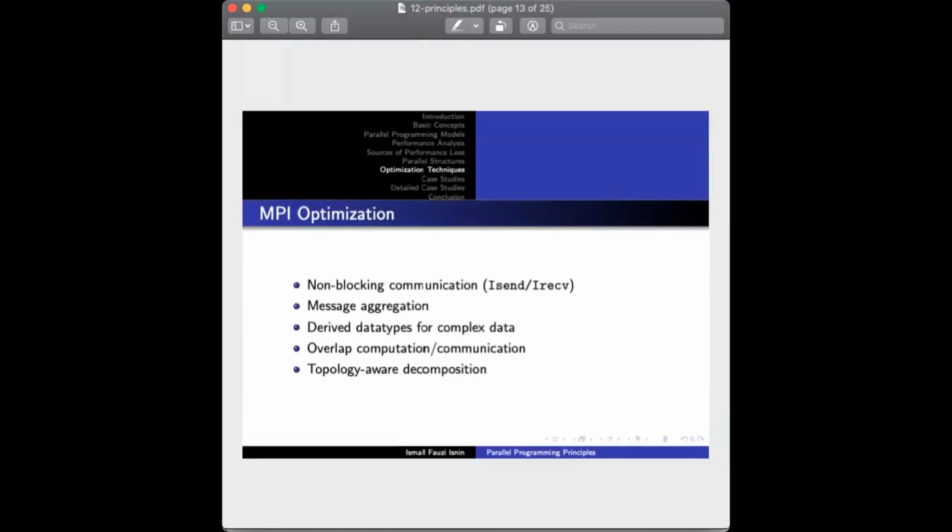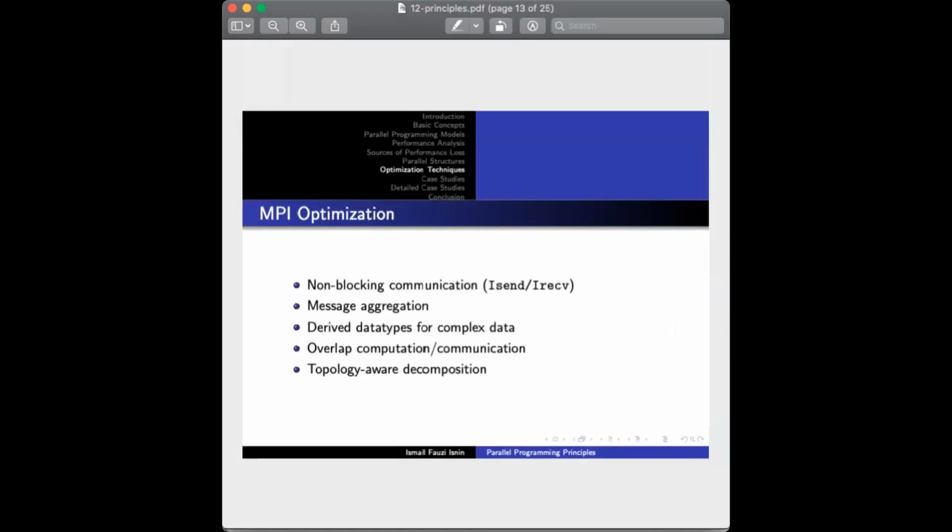First is non-blocking communication routines such as MPI_Isend and MPI_Irecv. This allows a processor to initiate a network data transfer and immediately return to computing, hiding network latency.